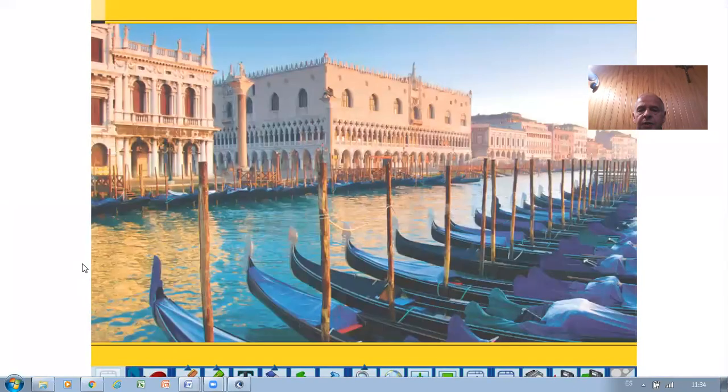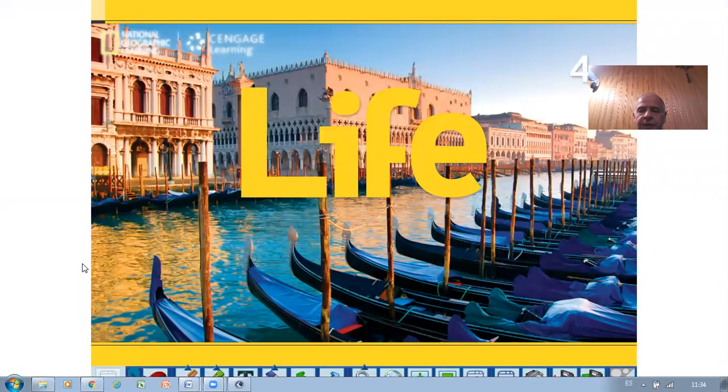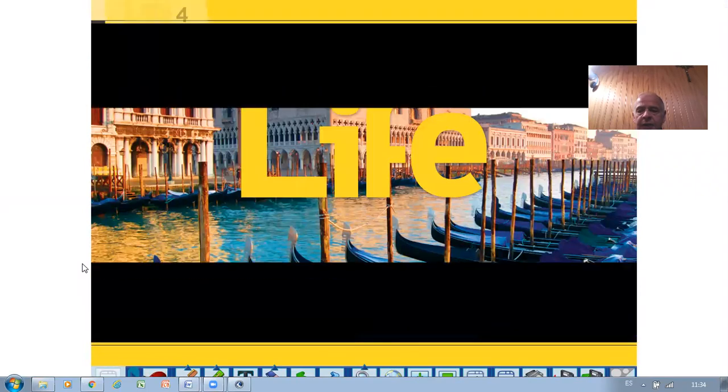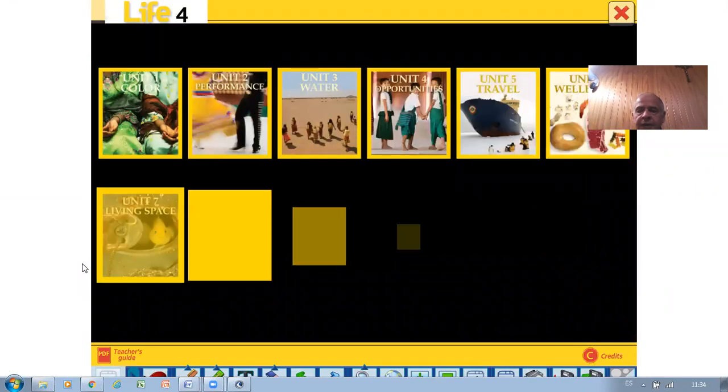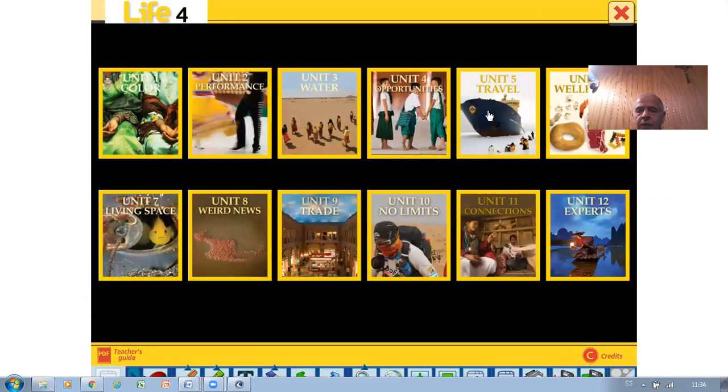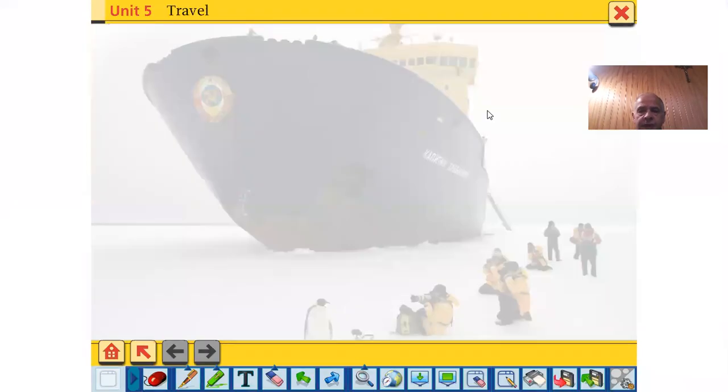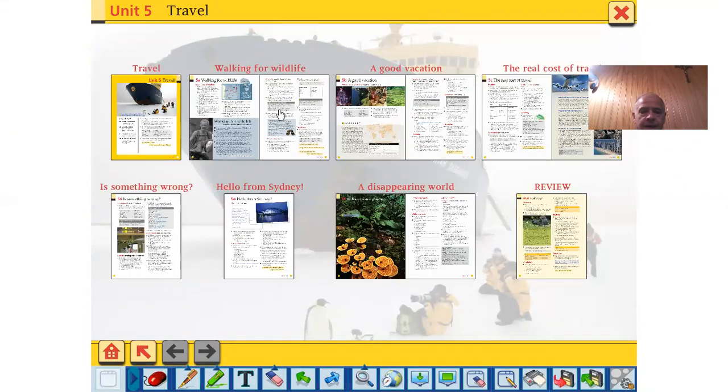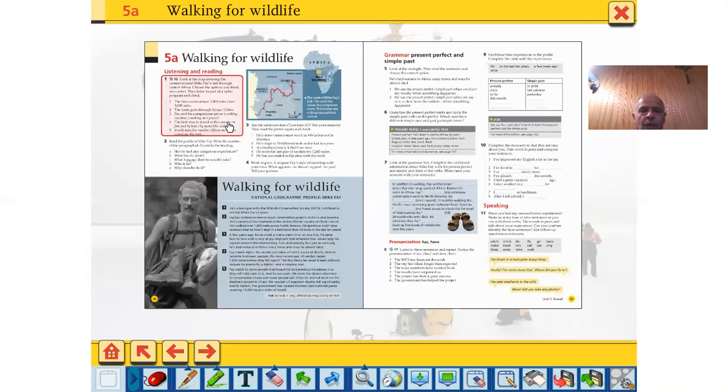We're going to start Unit 5. In the last class, we were talking about the beginning of it, but now we're going to go into the first thing. Walking for Wildlife.